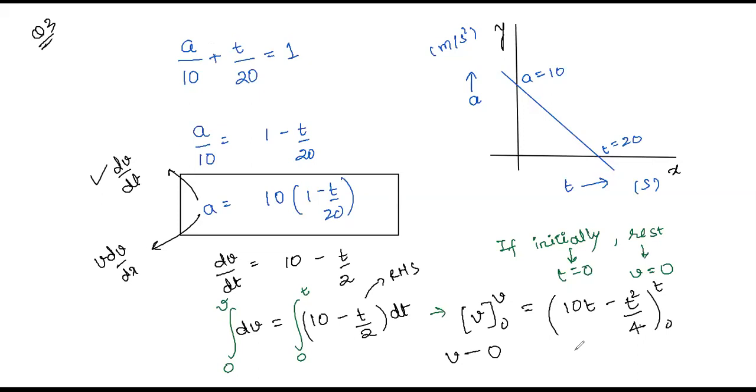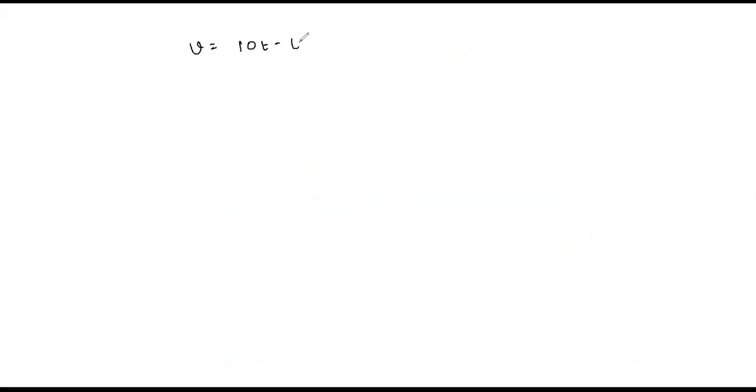So we will have v is equal to 10t minus t squared by 4. Since you're taking the limits from 0 to t, this will cause no change.